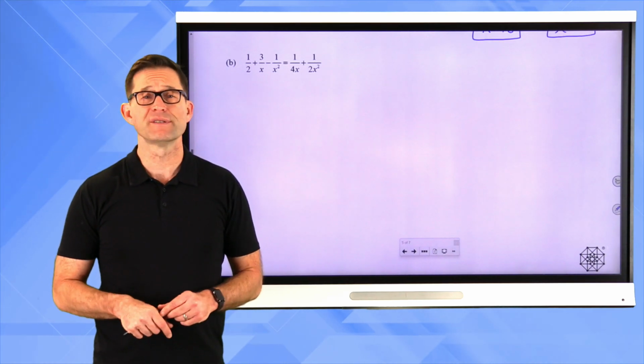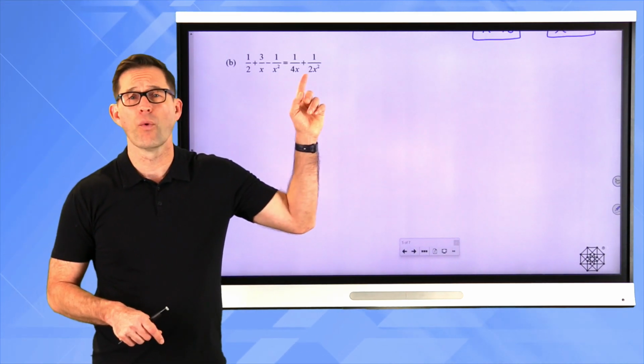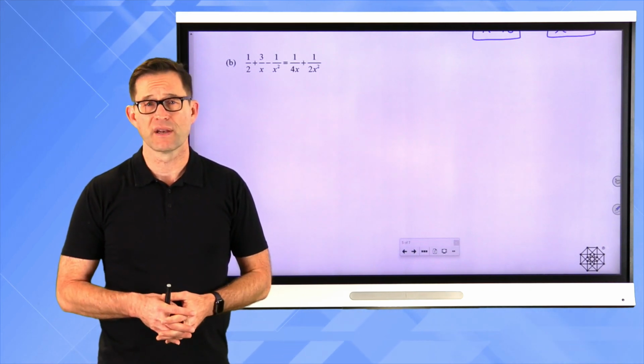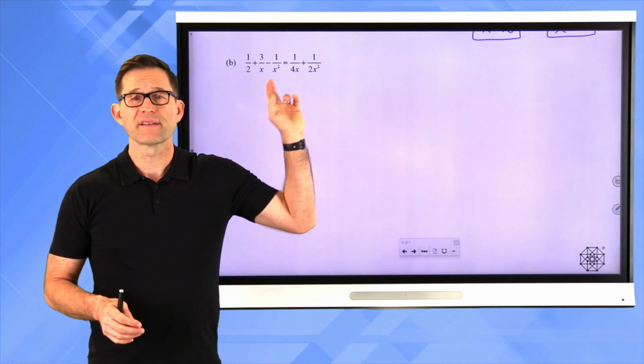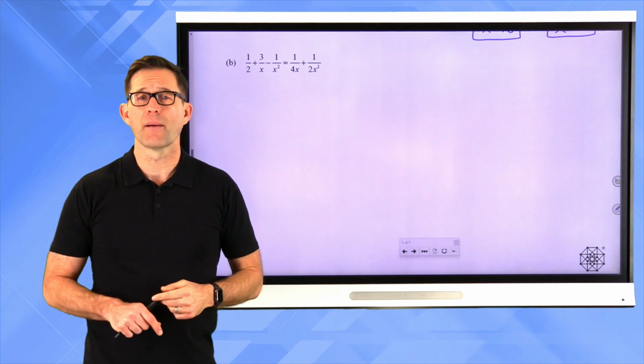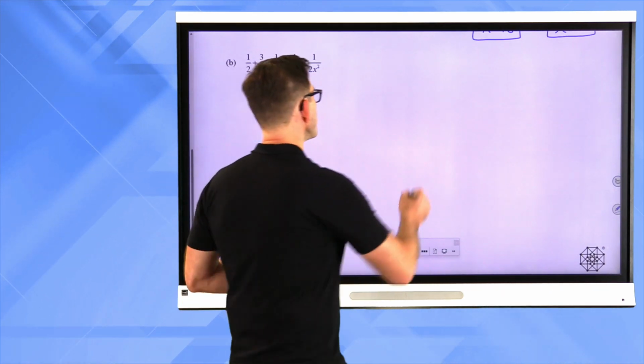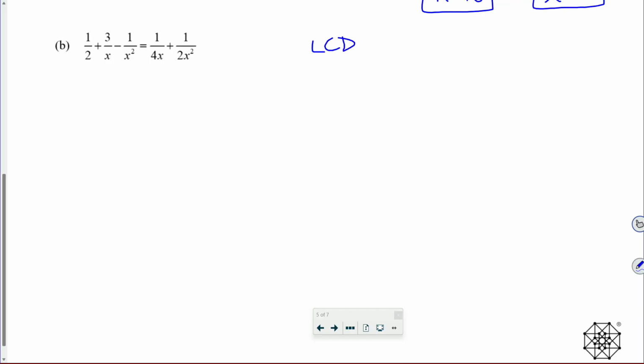All right, very similar to the last one. I've got the 2 and the 4, so the least common denominator is going to involve a 4. I've got an x and an x squared, so the least common denominator is going to have an x squared in it. So my LCD in this situation is 4x squared. So here we go. I'm going to give myself plenty of room.